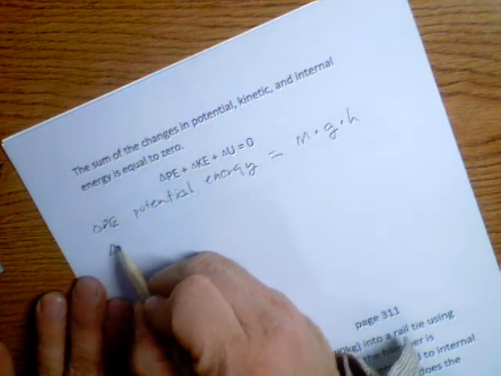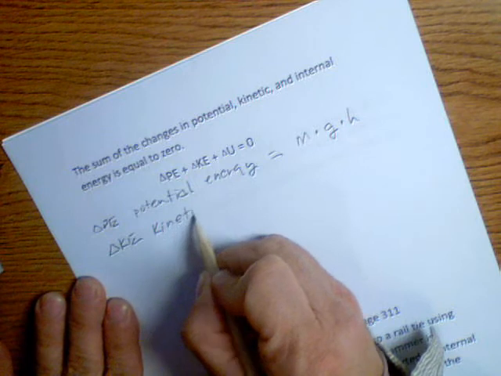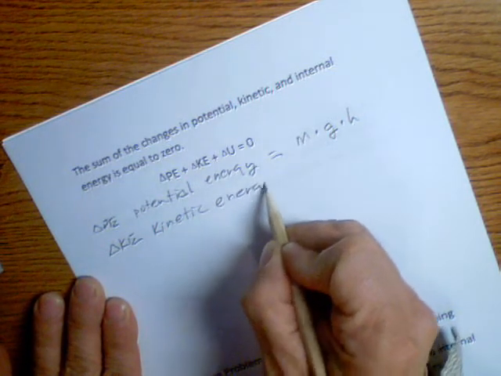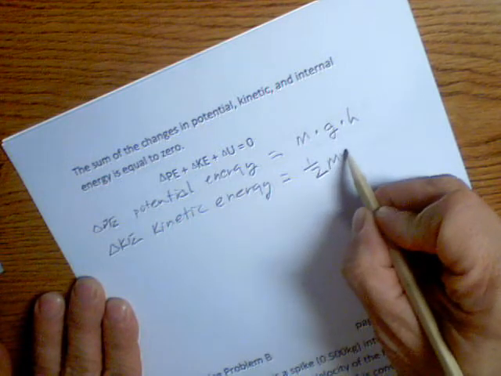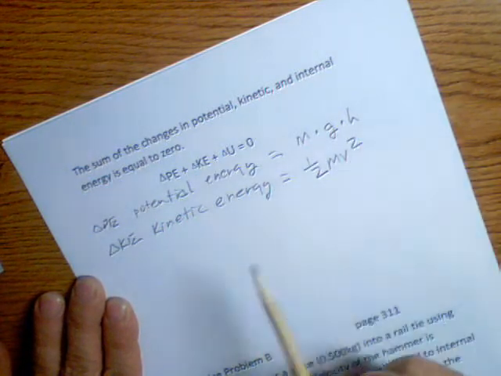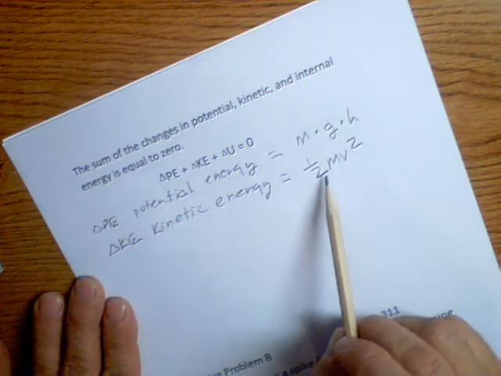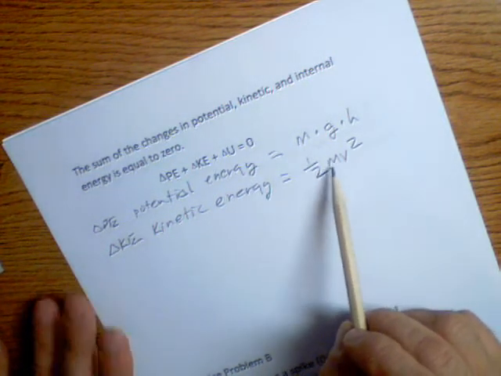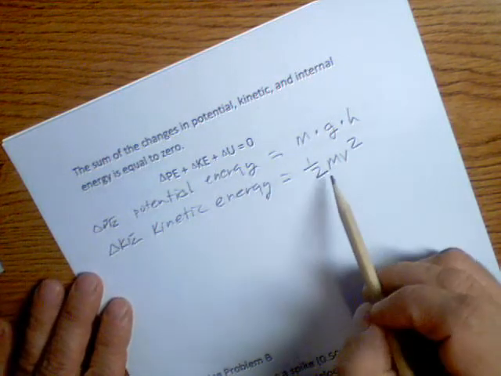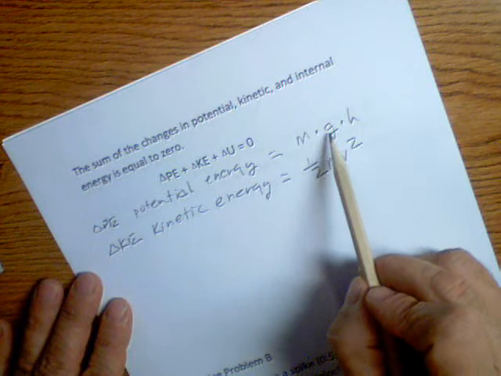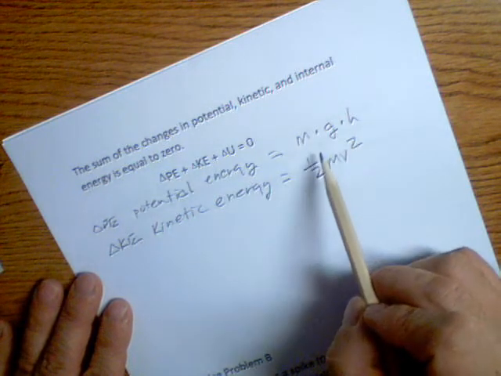Let's see, kinetic energy, if you recall, equals 1/2 mass times velocity squared. And kinetic energy, we measure that using temperature. Kinetic energy is the motion of the particles. Kinetic energy is here, and then potential energy is measured in work, really, the work done on a system.